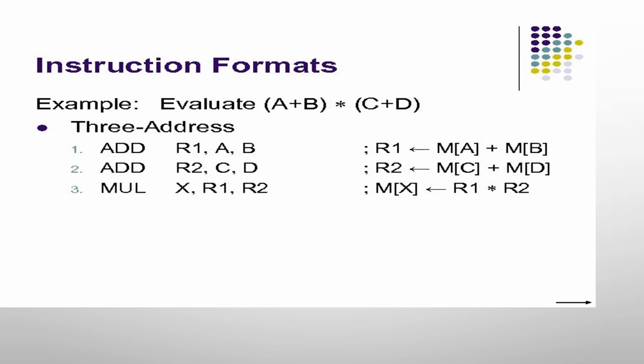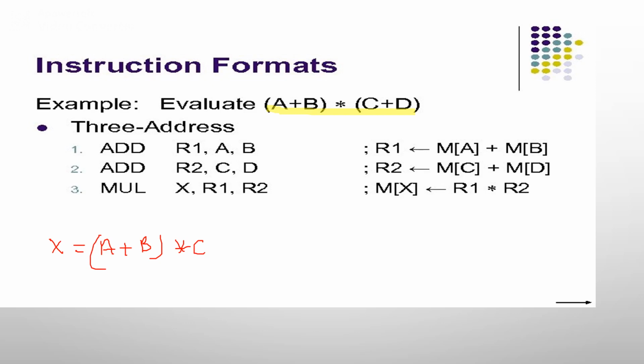So now similarly, we can write the same example considering 3 address instruction. While writing the code using 3 address instruction, suppose I am having x is equal to a plus b star c.